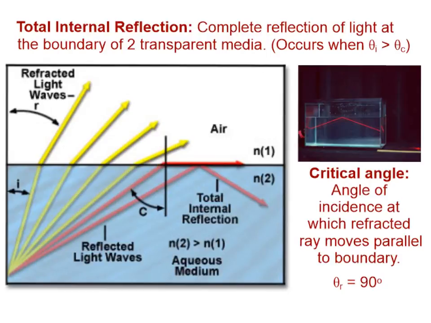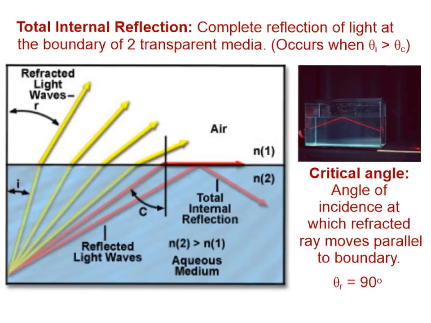And at this point, the refracted ray is moving parallel to the boundary, right along that boundary. That is called, this angle here is called the critical angle. It is the angle of incidence at which the refracted ray moves parallel to the boundary, or theta r equals 90 degrees. And remember, we can draw a normal line perpendicular to the boundaries there, and this is the angle that we're measuring right here.